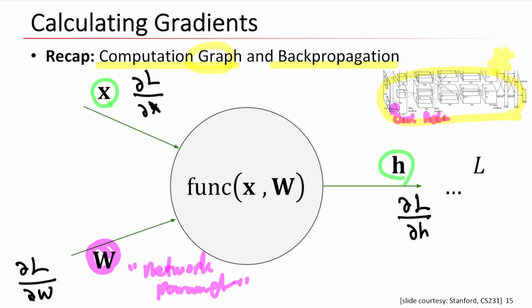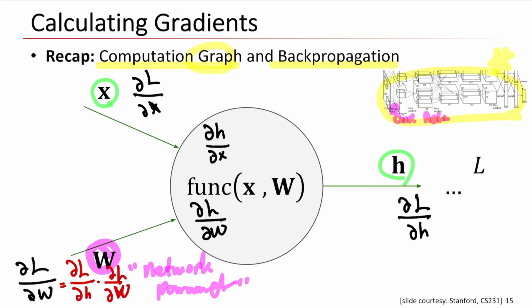To compute this, we will use the local gradients, x by h and w by h here. This one will be used here, and this one will be used here, to finally get this one.